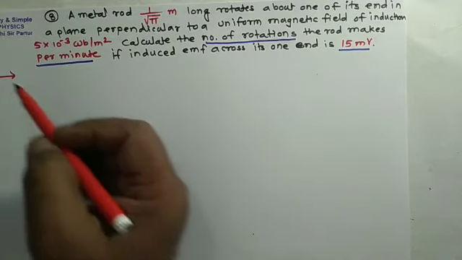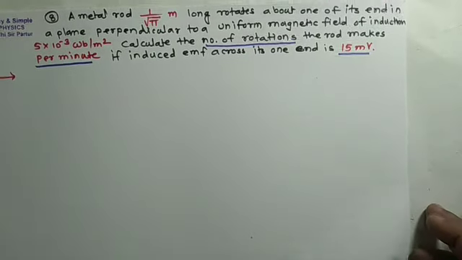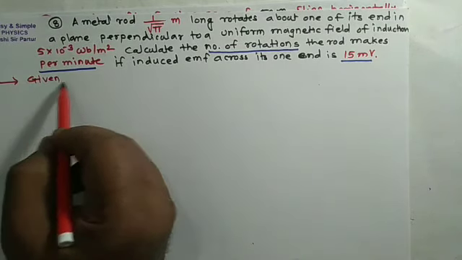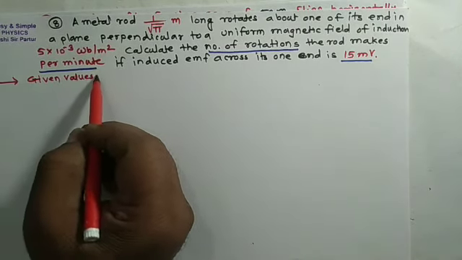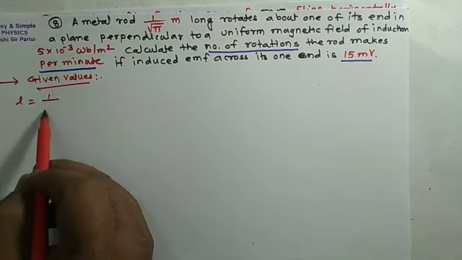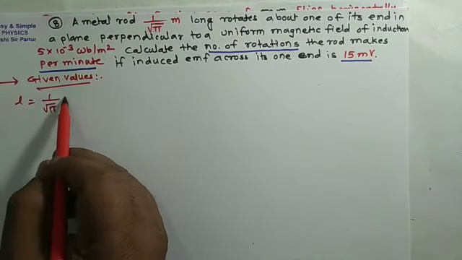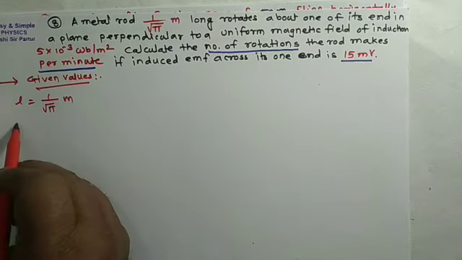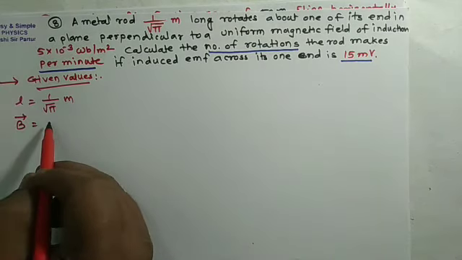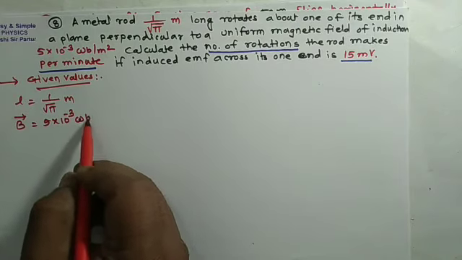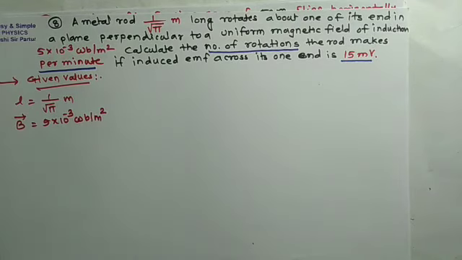Here we can take the given values or data. First, the length is 1 upon square root of pi m. The magnetic induction is given as 5 into 10 to the power minus 3 Weber per meter square.